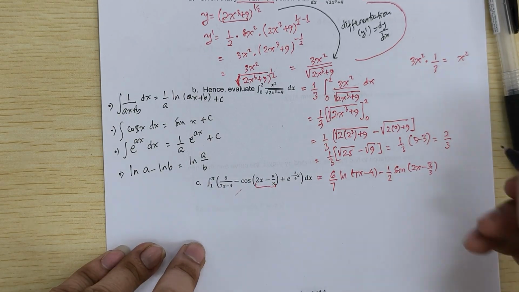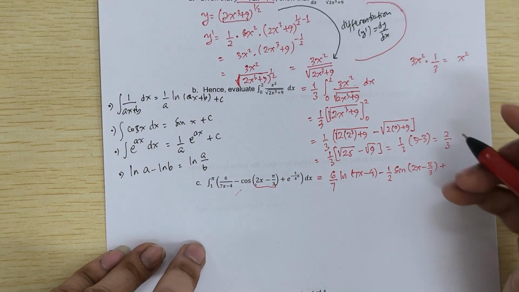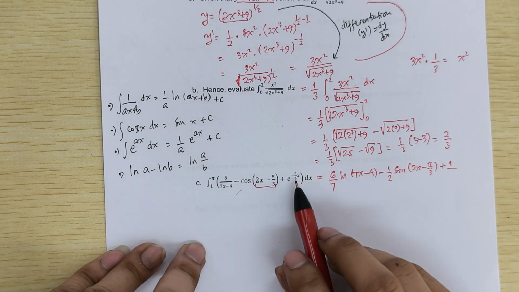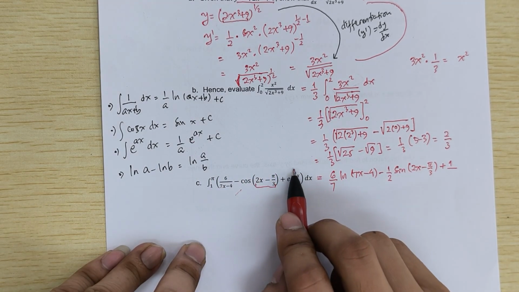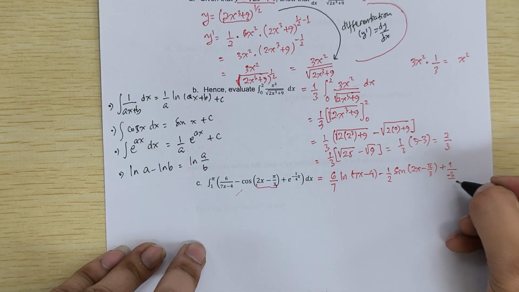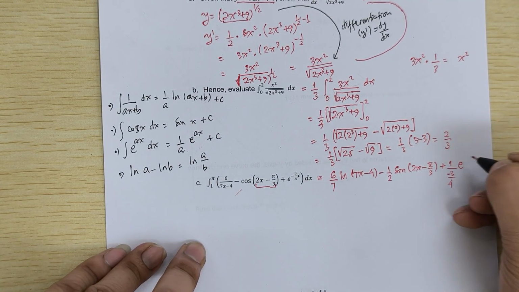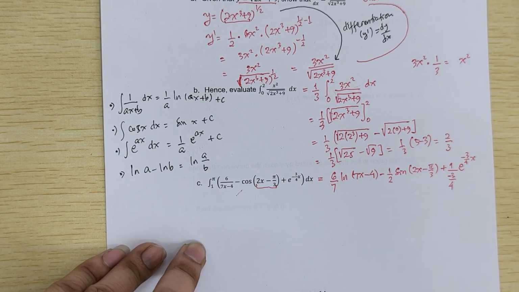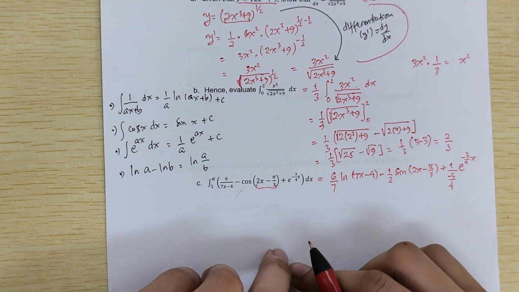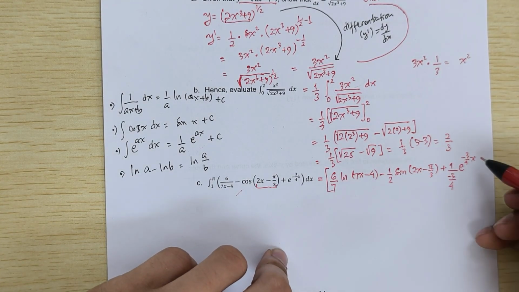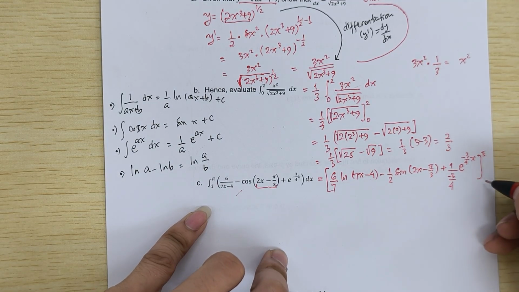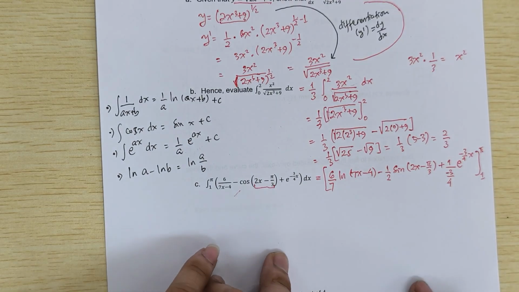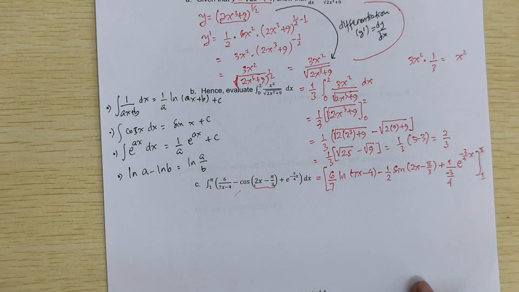And then plus 1 divided by a here, e to the power of ax. The a here is negative 3 over 4, and then e to the power of negative 3 over 4 x. Do not forget to write the bounds, upper and lower bound, which is p and 1. After that, you substitute everything.